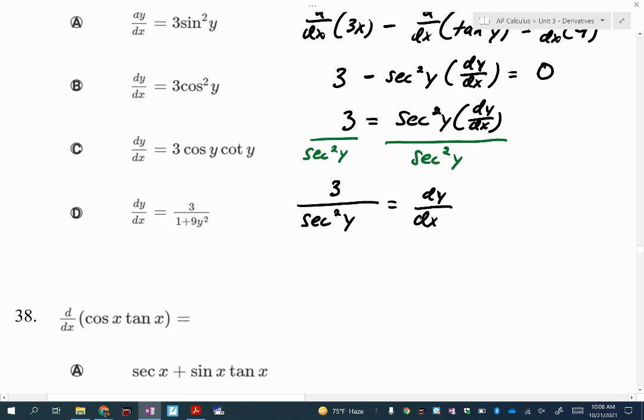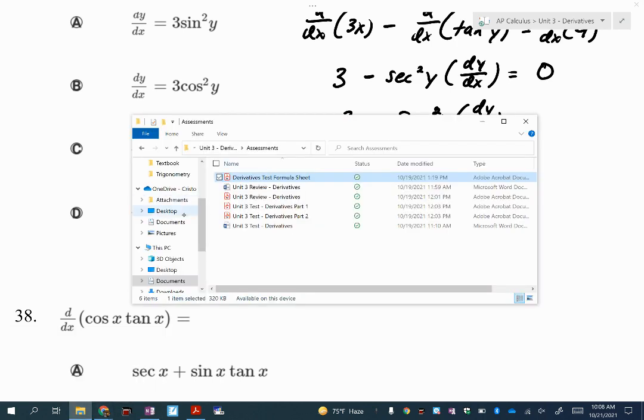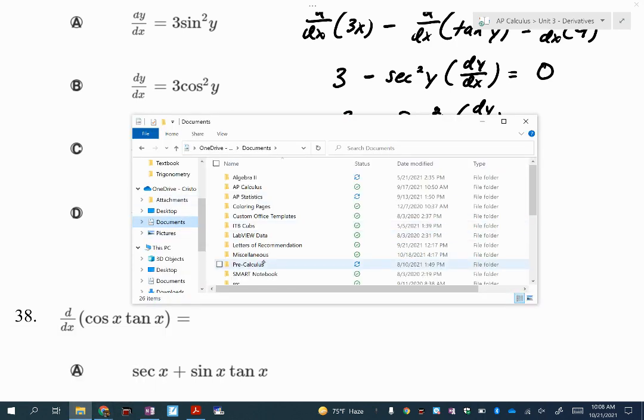So if I see secant in the bottom, I can rewrite this and move it as cosine in the top. So if this had said secant squared in the top, I could put cosine squared in the bottom. So the answer that you'll see is actually 3 times cosine squared y. And if you need to refer to your trig formula sheet, I can always pull that up for you and show you what I'm talking about.